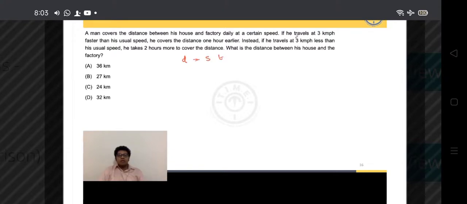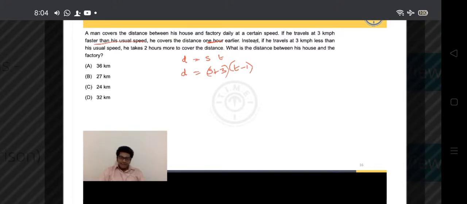Now, if I travel at 3 kilometers faster over the same distance, this will become s plus 3. So everything in kilometers, no problem. Faster than the usual speed, he covers 1 hour earlier. So the time taken by me will be t minus 1. This is the first equation.